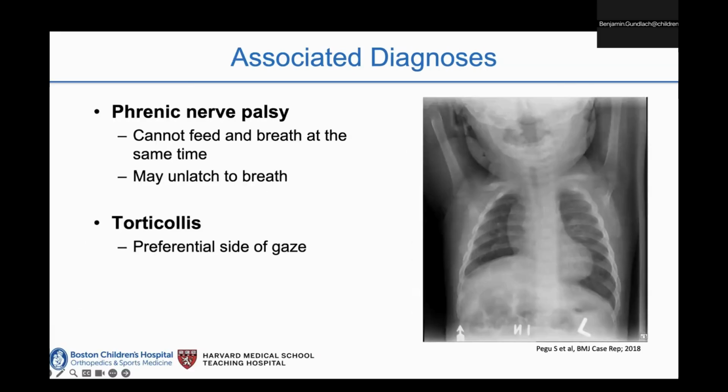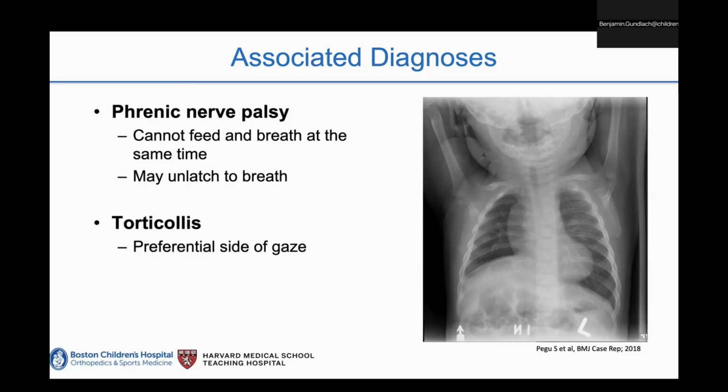Other associated diagnoses or things that can be seen in concurrence with a brachial plexus birth injury are a phrenic nerve palsy, and this requires the astute observation of the clinician and can be missed. It's not always immediately obvious that a child has a phrenic nerve injury, but it's important to ask the parents or the caregivers things like how the child is eating.